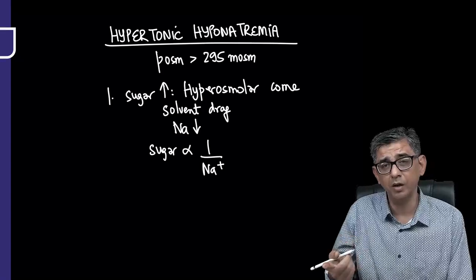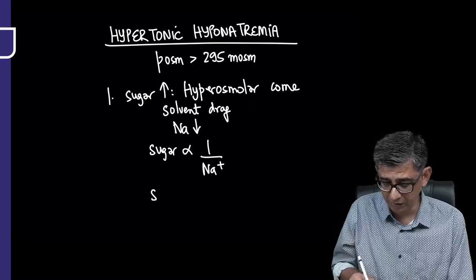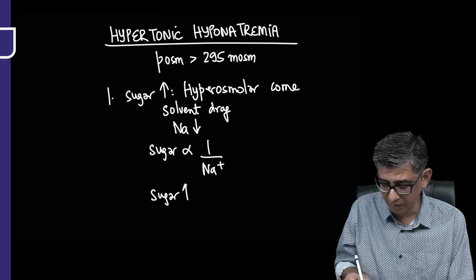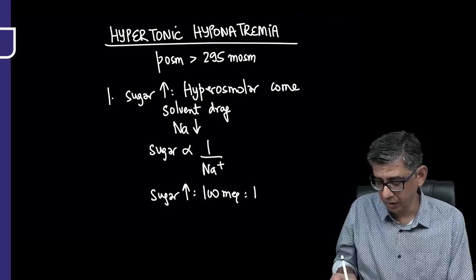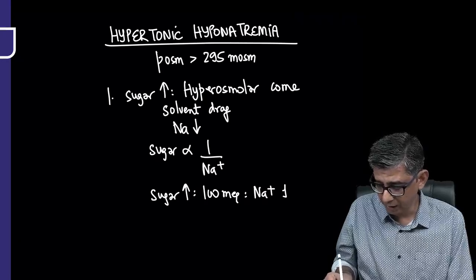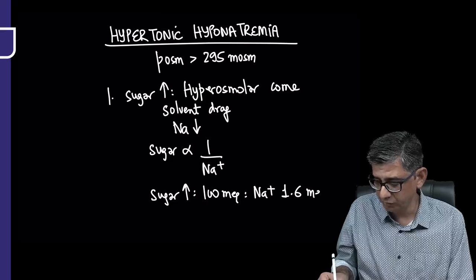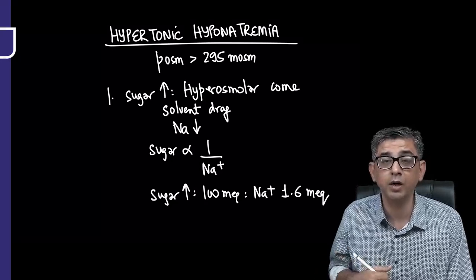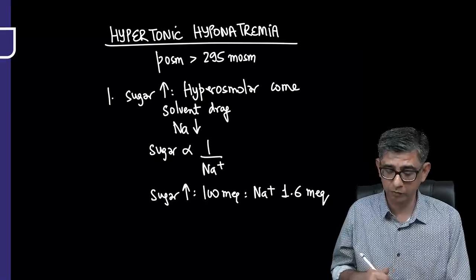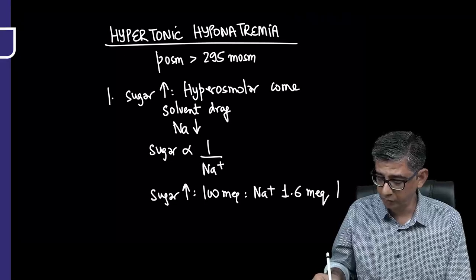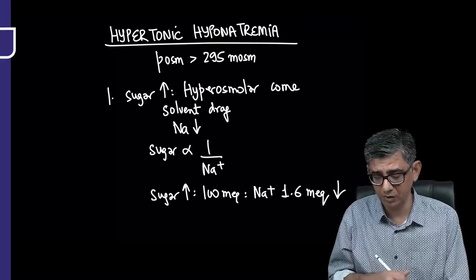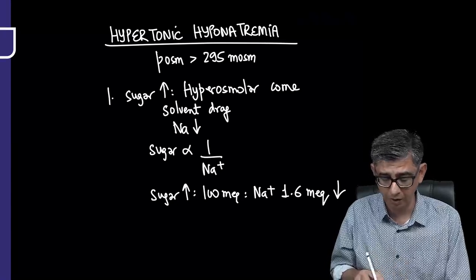And the mathematical input that I wanted to remember at the moment is that if the sugar in the blood rises by 100 milligram, then the sodium begins to fall. Though in Harrison at two different places he has mentioned two different values, I would like you to remember what I am telling you at the moment, which is that if the sugar rises by 100, then the sodium will begin to fall by 1.6 milliequivalents. So there's an inverse relation which is to be remembered.